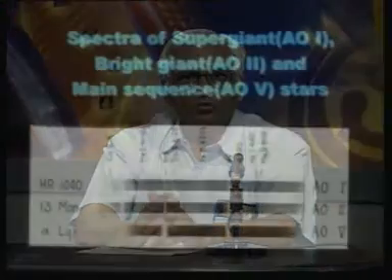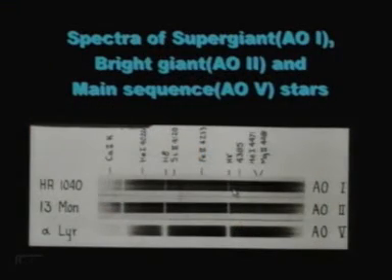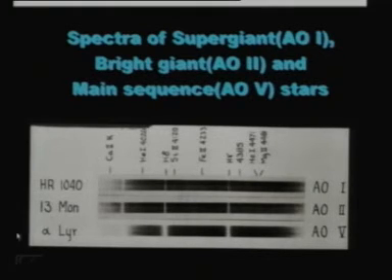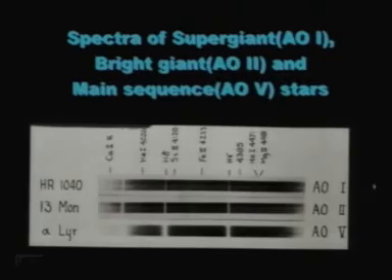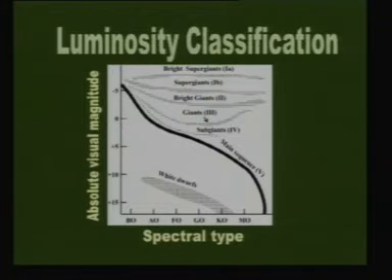A star belonging to a certain spectral class could be on the main sequence, it could be a giant star, it could be a supergiant star. And the way to tell is by observing the lines of metal atoms. In supergiants, the lines are slightly weaker, and in the main sequence they are slightly broader. And therefore, on the basis of this, we can have what is known as luminosity classification.